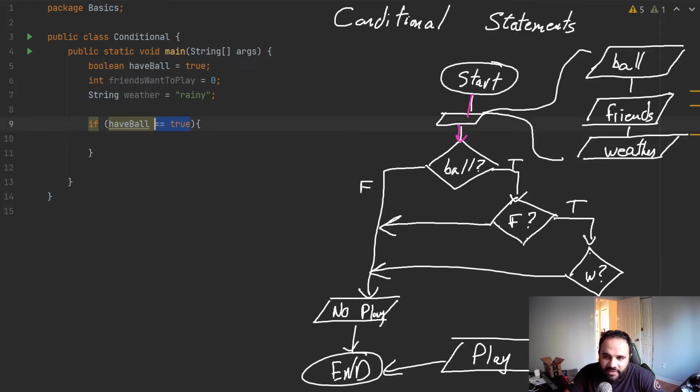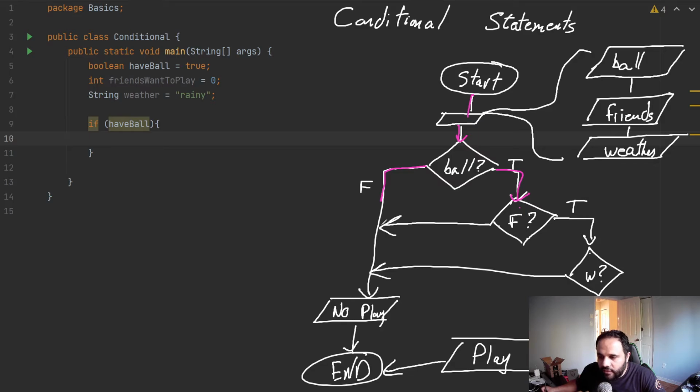But this is the same as not having it. It doesn't matter because the end result is a Boolean, true or false. So if we have a ball, then we want to go to the next one. Right. Switch here. Then we're going to the next one, right? This is true or false. Now, this is a bit weird because look, we have a true, but we also have a false.